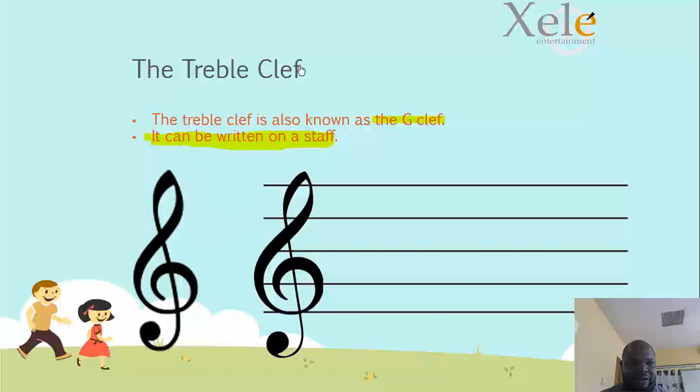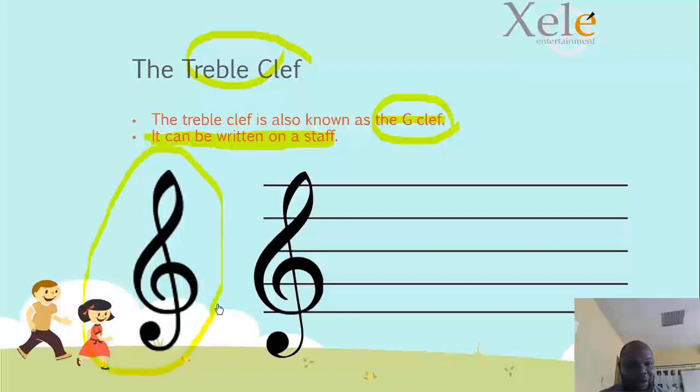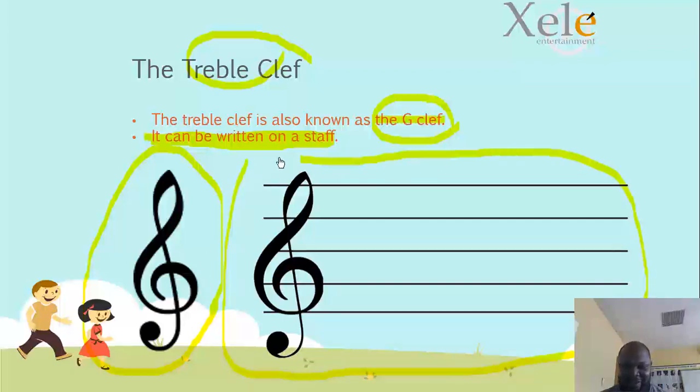Well, the treble clef is a musical symbol, so we can write it on the staff. And remember again that the treble clef is also known as the G clef. So what you see right here is the treble clef. And when we write the treble clef on a staff, this is exactly what it looks like.